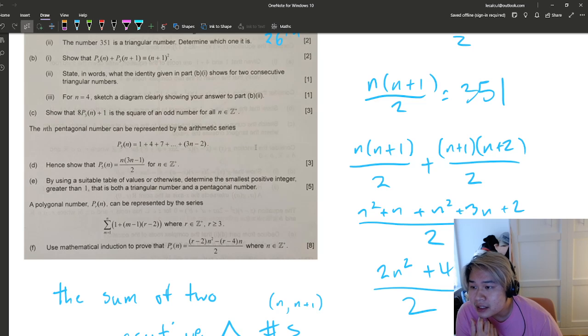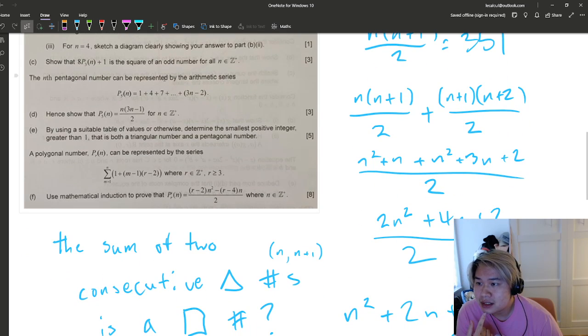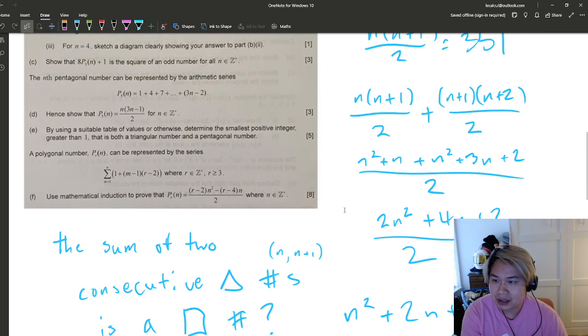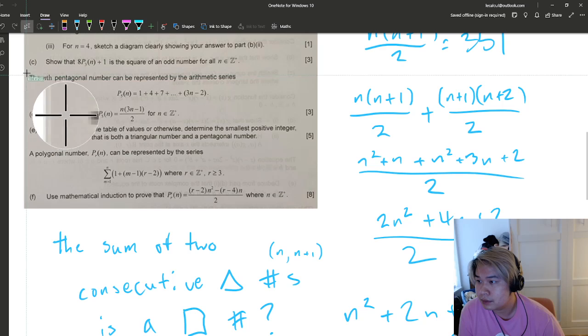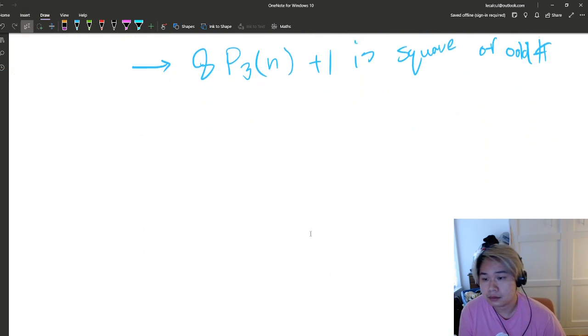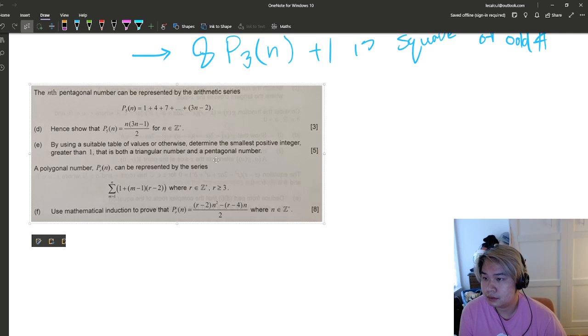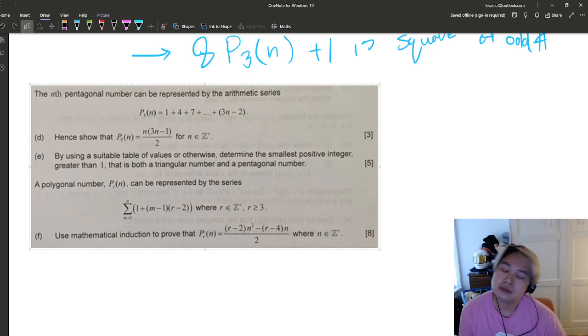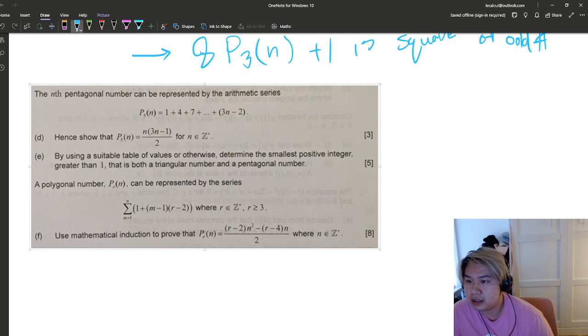And then now we do pentagonal numbers. They can be represented by this arithmetic series. Hence show that P5 of n is going to be this. I'm going to have to copy this again. Okay, so let's see.